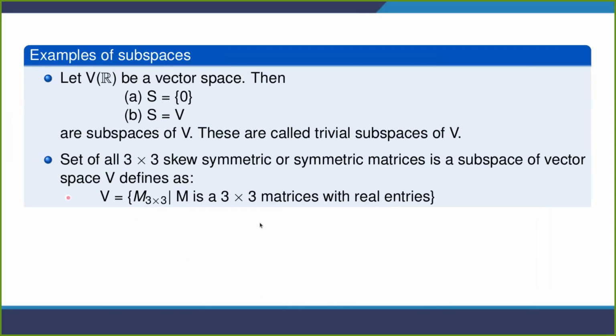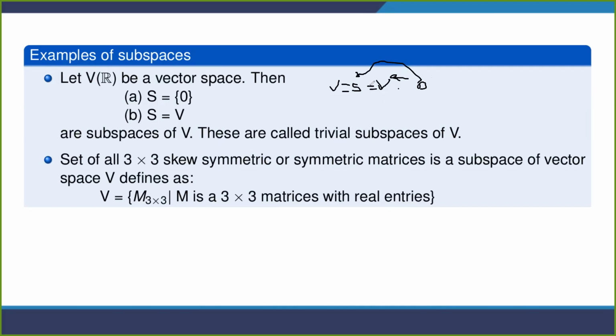Then we look at examples of subspaces. Let V be a vector space over the field R. Then S equal to the set containing 0, and S equal to V, are subspaces of V. These are called trivial subspaces of V, because if V is the same as S, then 0 also is a part of this set.